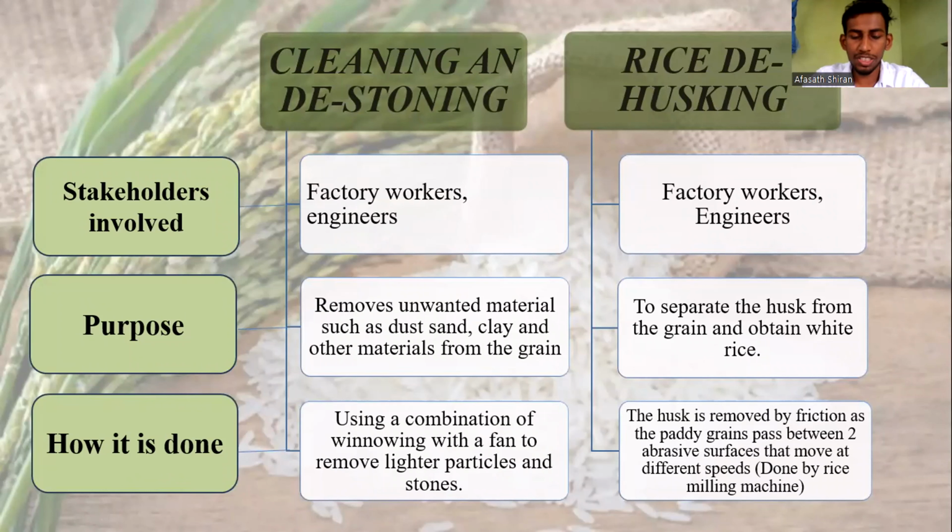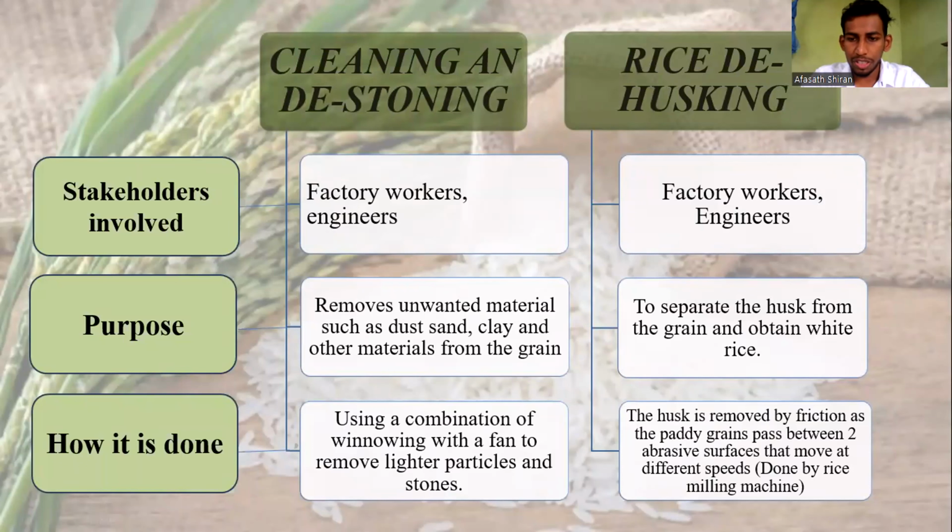In this rice manufacturing process, rice dehusking is an important step. The factory workers, engineers, and farmers are some of the persons who are involved in this process. The purpose of this step is to separate the husk from the grain and obtain white rice.